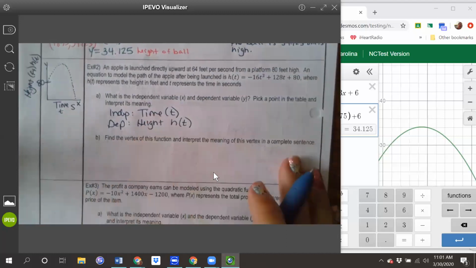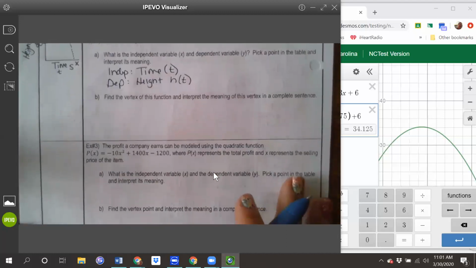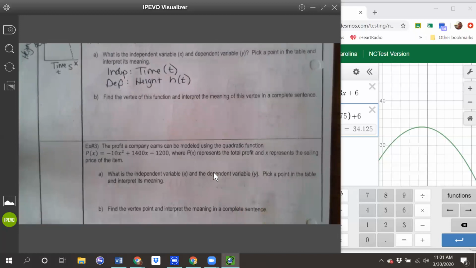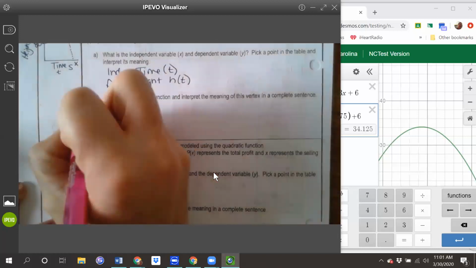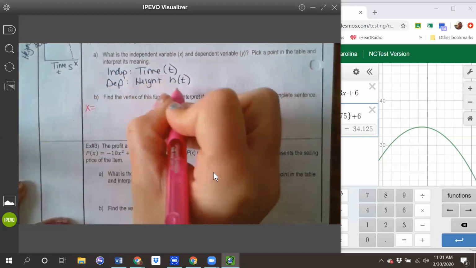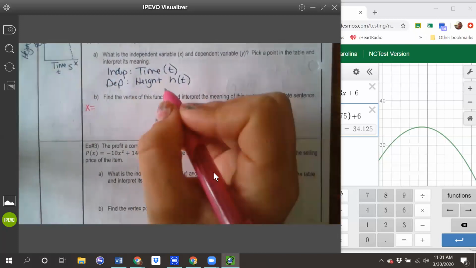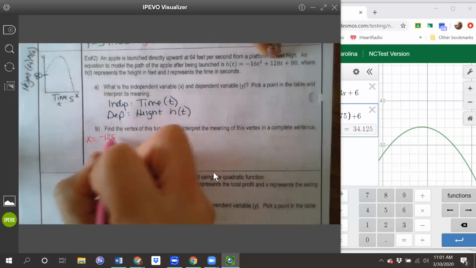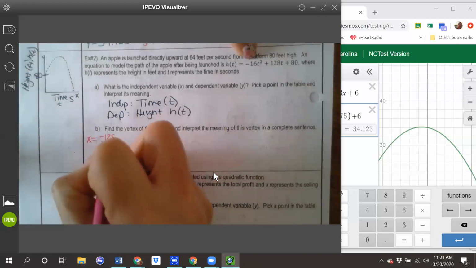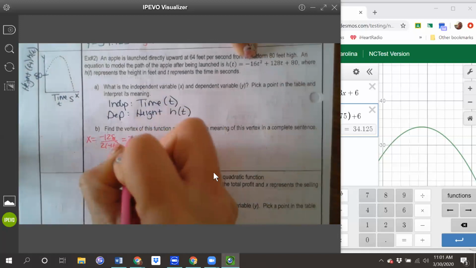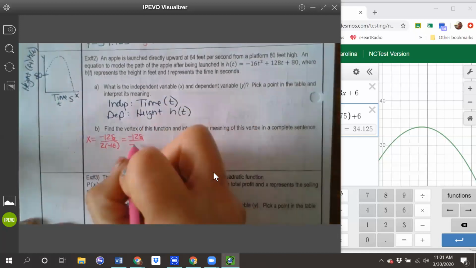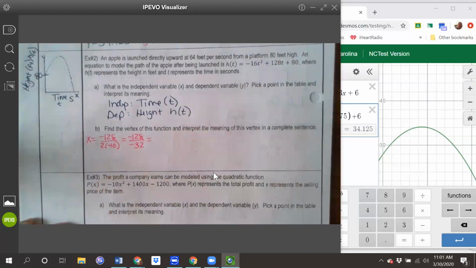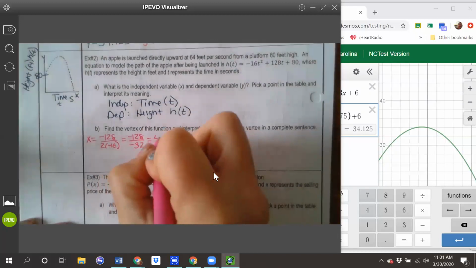It says B, find the vertex and then write the meaning of the vertex in a complete sentence. All right, so here's the vertex. X equals opposite of B over 2 times A. That's negative 128 over a negative 32. And when I divide that out, that is 4.